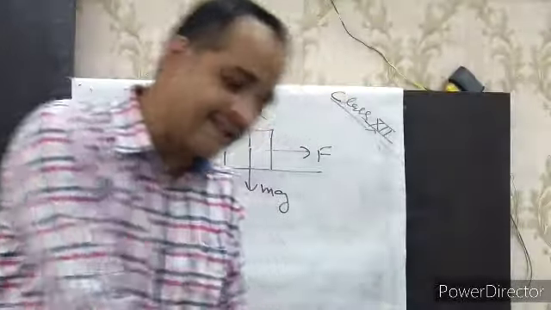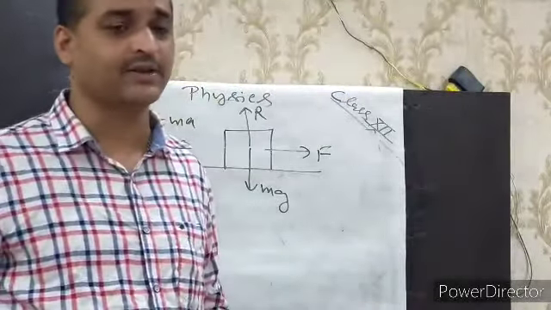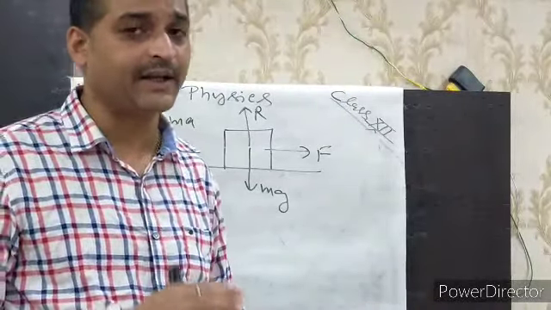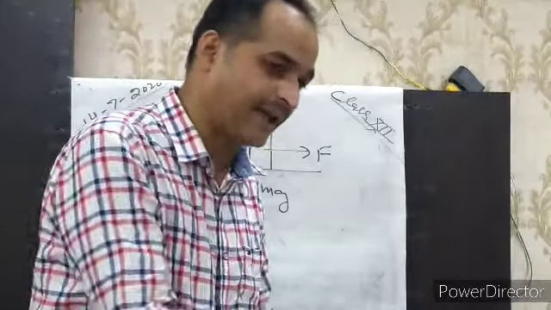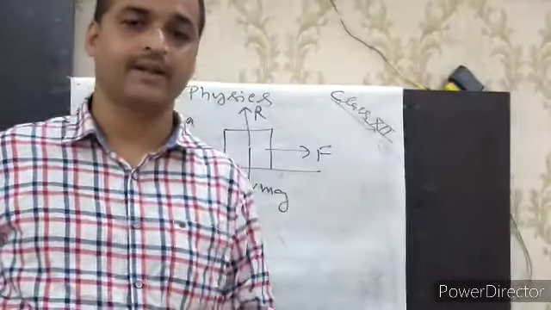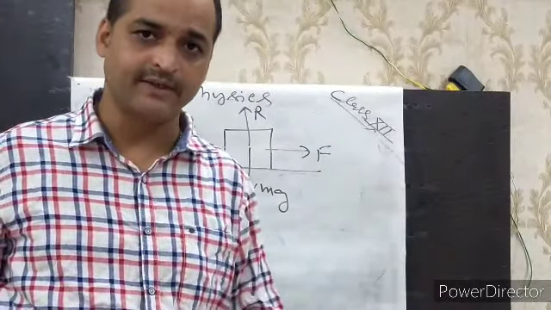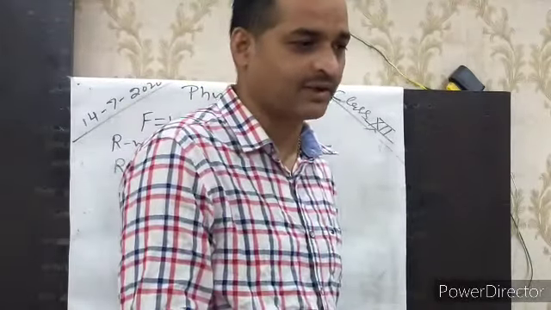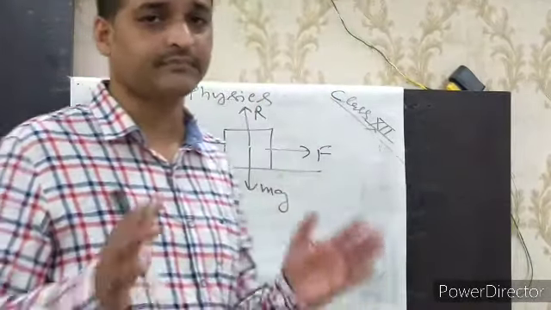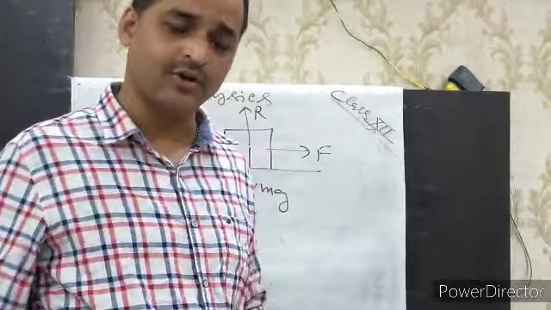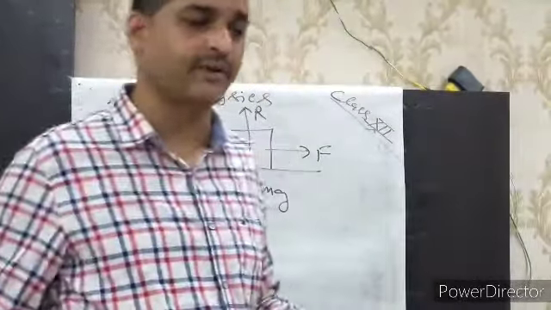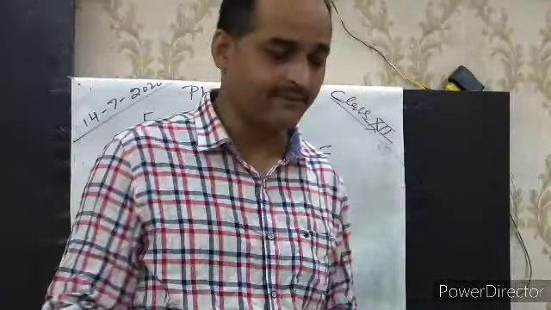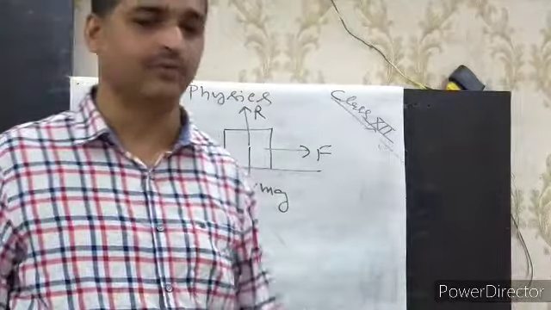Now you keep increasing the force. Then there will be a time when you apply so much force that the table will move. Now the table is moving. Clear? Initially, when you applied a smaller force, it did not move. When you increased it, it did not move. Then there will be a time when you apply the force, it will move.